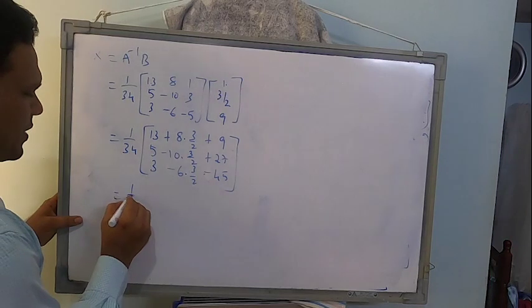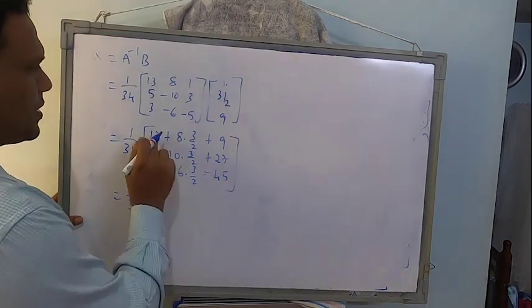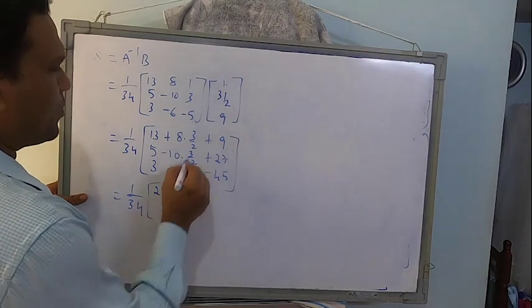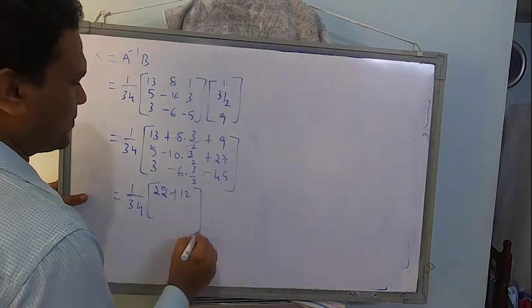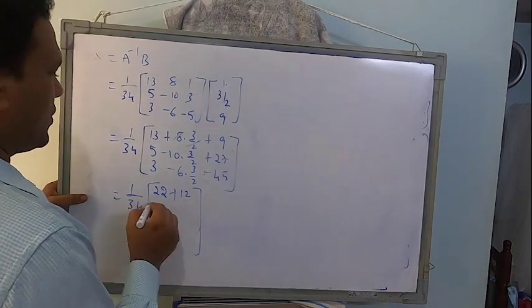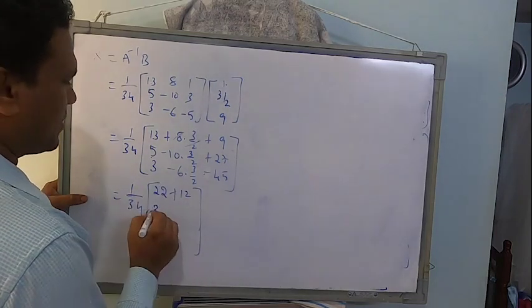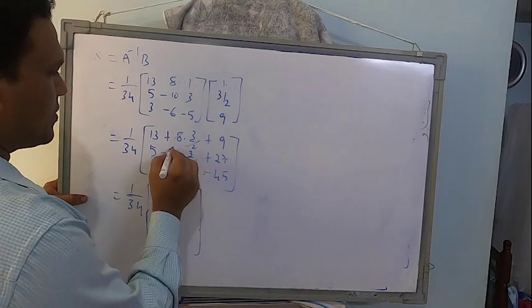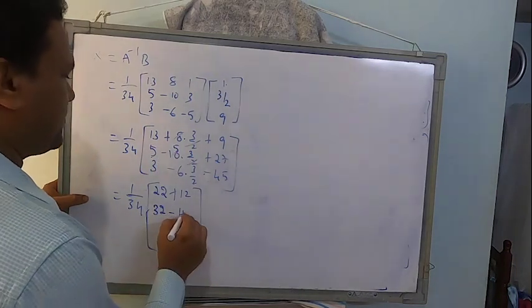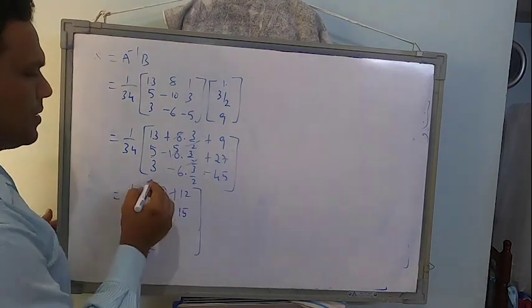So let's go for simplification. So 13 plus 9, 13 plus 9, that's going to be 22 plus 12. Fine. Okay. First row it's over. Let's go to the second row. 5, this is going to be 32. And how much this will be? 32 minus 15. Okay. Fine. The next one.